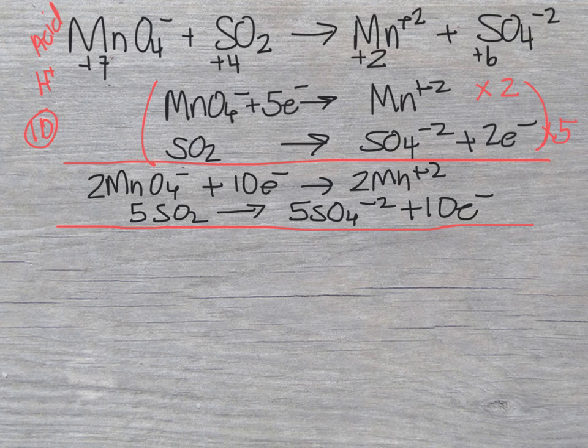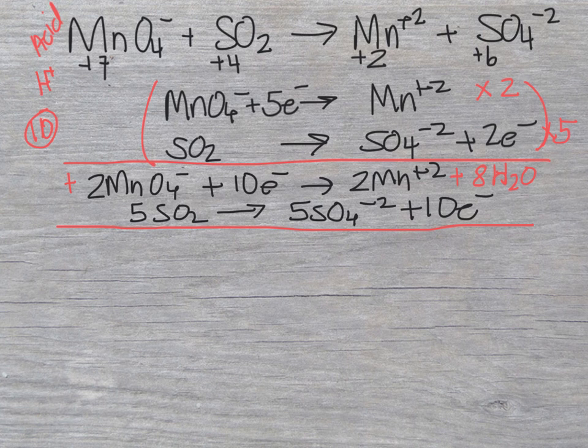All right, when we are balancing this equation, I have to add my oxygens by adding H2O. So in my Mn line, I have 8 O's on the left, so I'm going to need 8 H2O on the right. Now I'm going to add my H's to the opposite side because that's how we need to balance it.